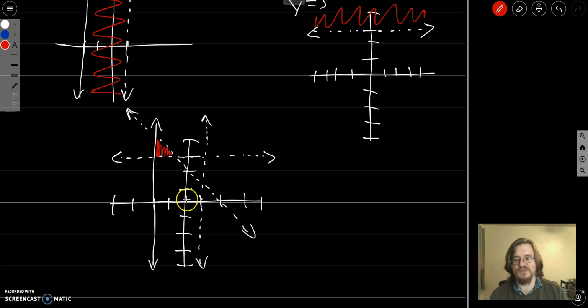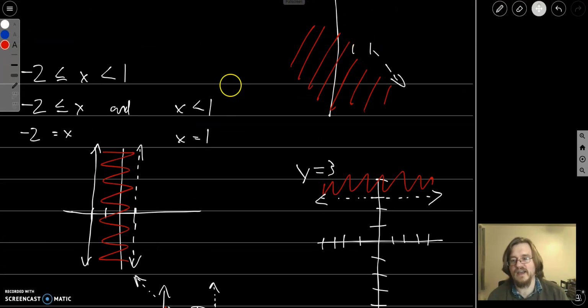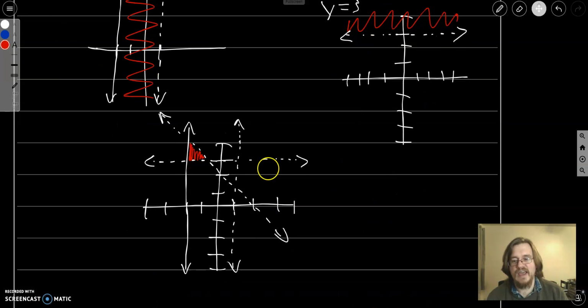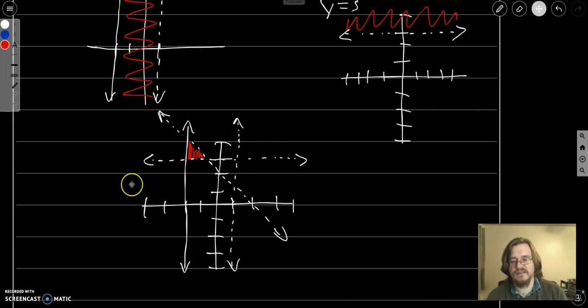In between the two vertical lines, it's only this little triangle up here. So when all is said and done, we just have this itty-bitty little area, and that's it. Any point inside of here should satisfy all three of our inequalities. Any point outside of there should not satisfy those inequalities.